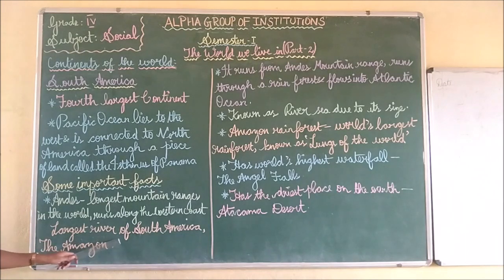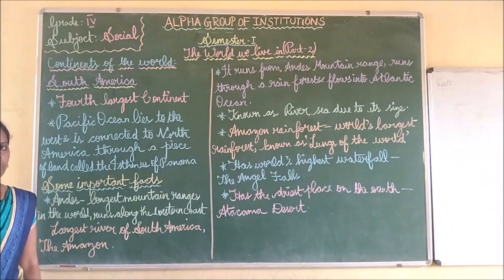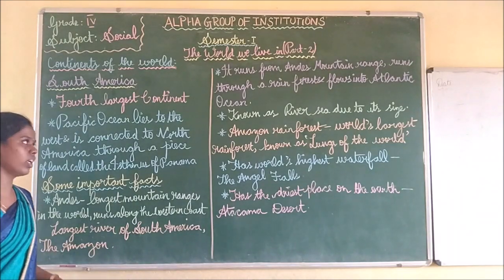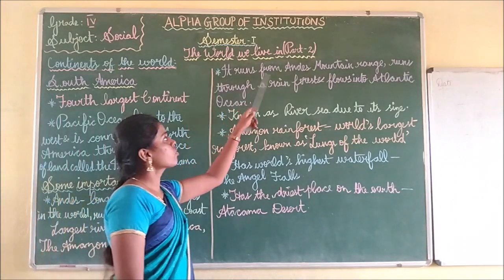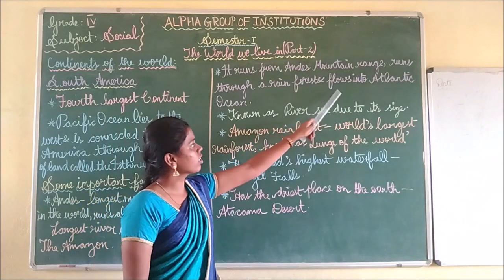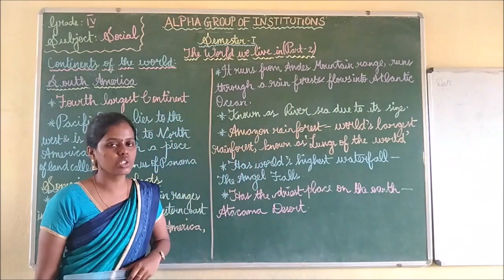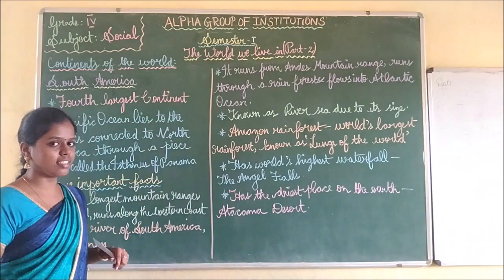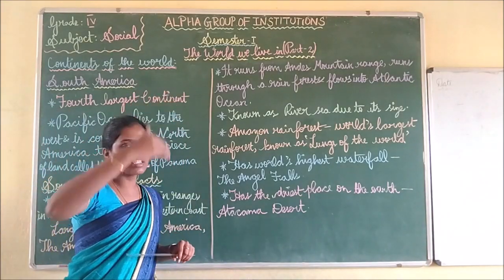And the longest river of South America is the Amazon. I think you all are familiar with this word. It runs from the Andes mountain range, runs through a rainforest and flows into the Atlantic Ocean. How does the Amazon River run?